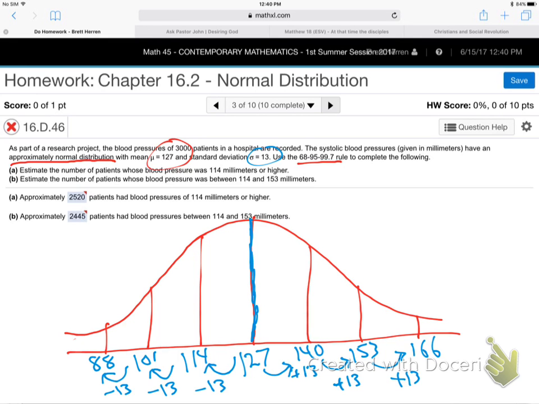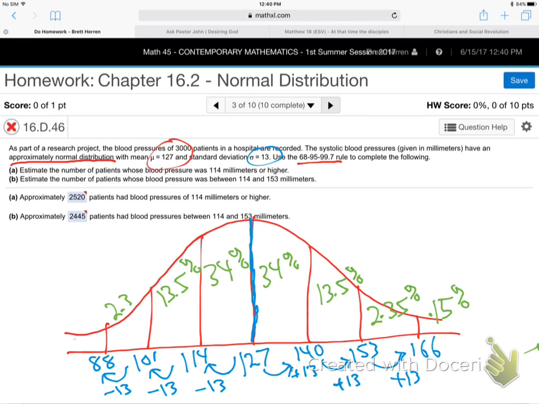And the percentages, those are always the same, so I'll just write those in right now. 34%, 34%. 13.5, 13.5. 2.35, 0.15, 2.35, 0.15.